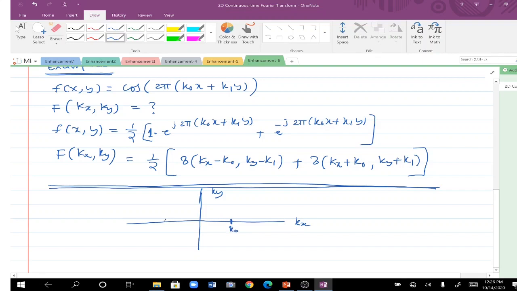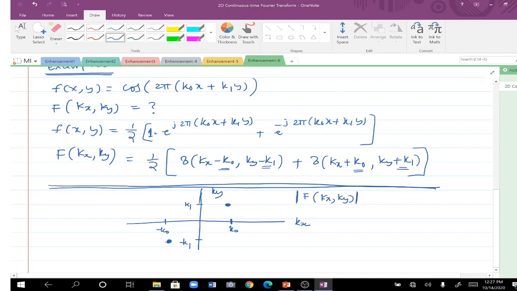Let's say this is k0, minus k0, k1, minus k1. You have one impulse at k0 and k1. So here you have an impulse multiplied by, of course, 1 by 2, and another one at minus k0 and minus k1 at this location. Of course, the value here will be scaled by 1 by 2.